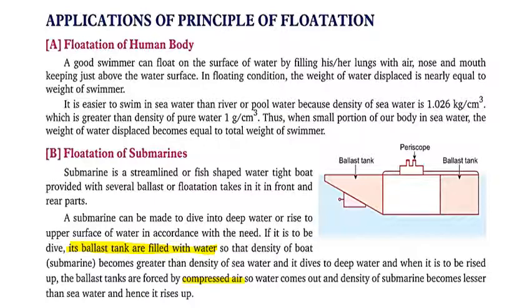Because the weight of the submarine will change, it will start rising up. So it's a very simple phenomenon. If you fill the water in the tanks, the submarine will dive. If you remove the water from the tanks, the submarine will rise up. So this property of the submarine is completely based on the principle of flotation.